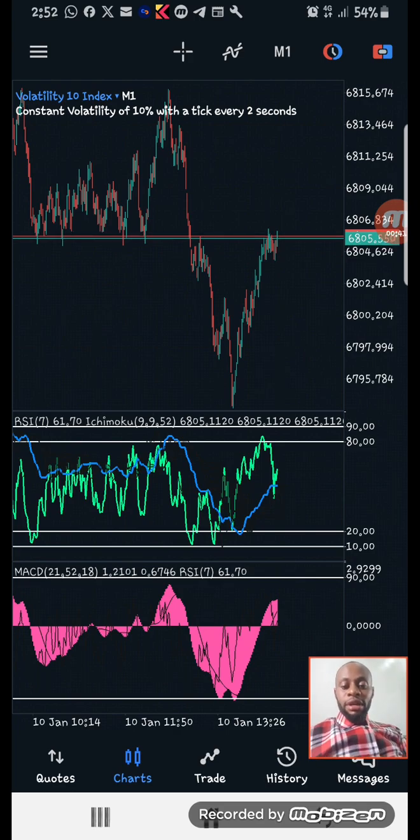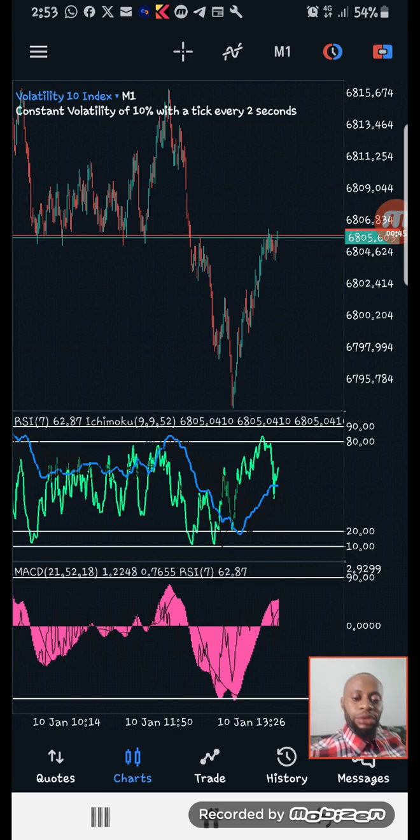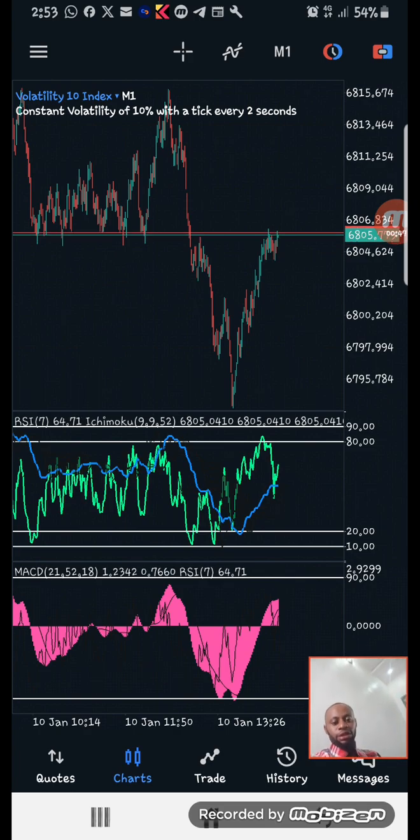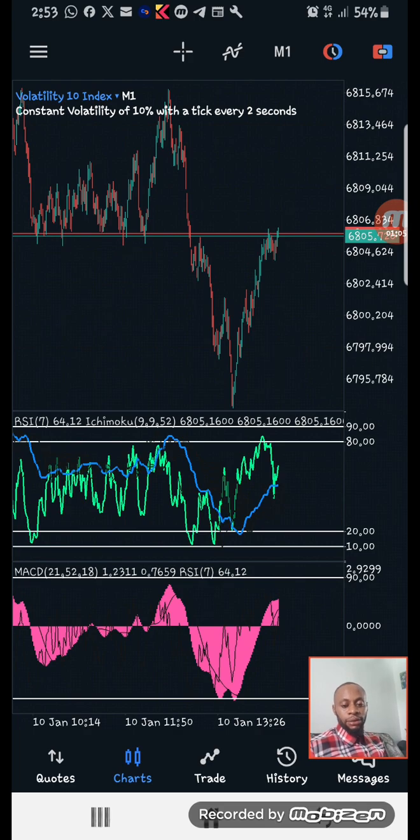It's just for scalping alone, and it should not be used for any other time frame. So without further ado, let me go into the details of the setting, the setups, and how the strategy works.